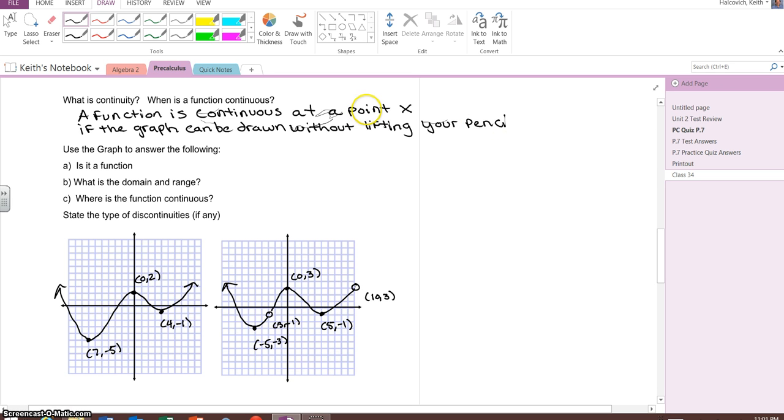So if you can make a graph without lifting your pencil, then it is continuous.